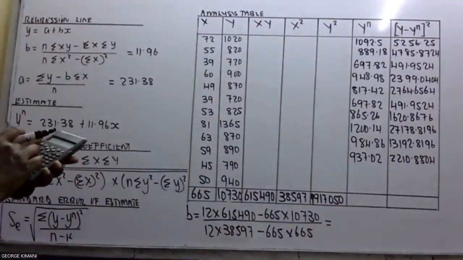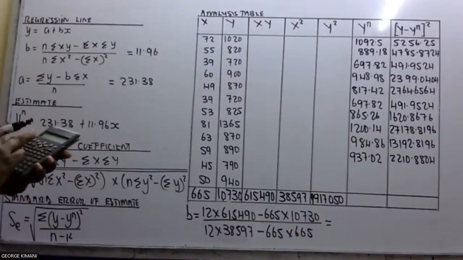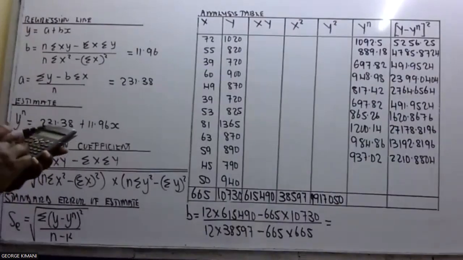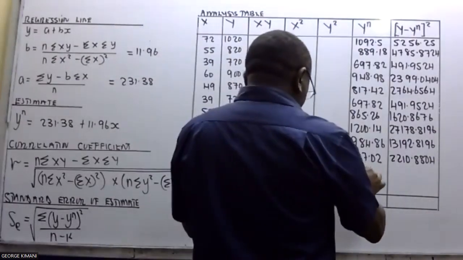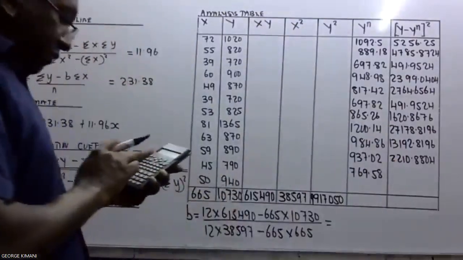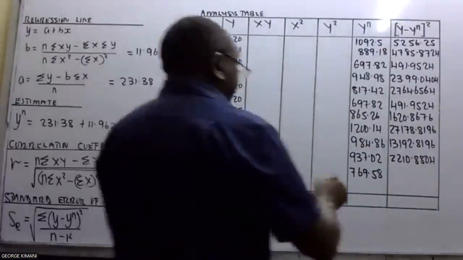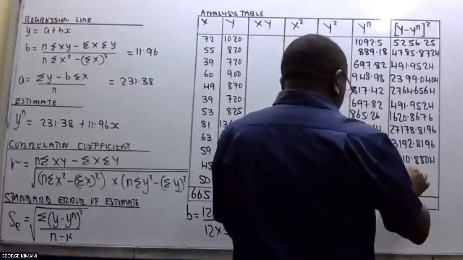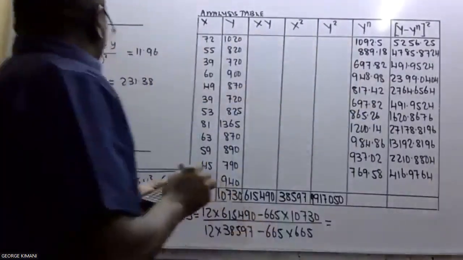This other one is 231.38 plus 11.96 times 45, which is 769.58. So 790 minus the answer, squared, is 416.9764.